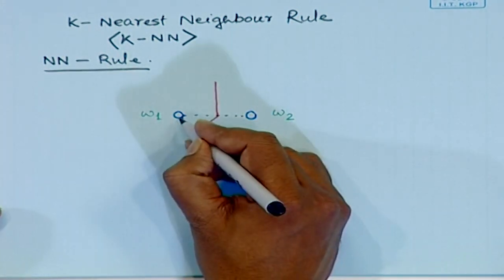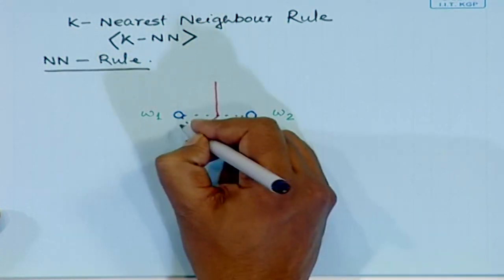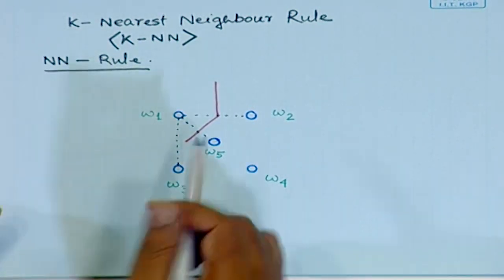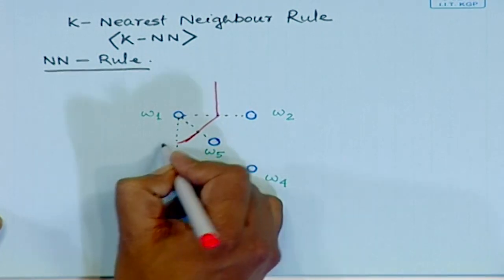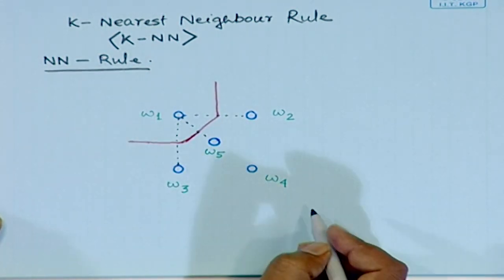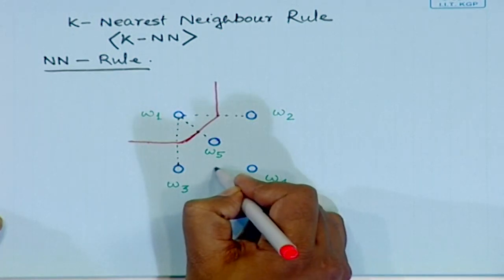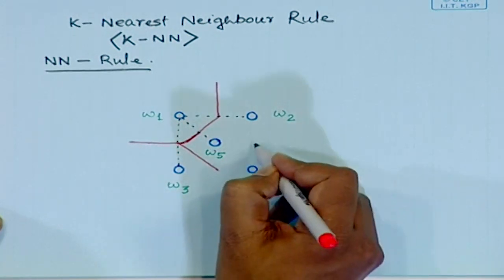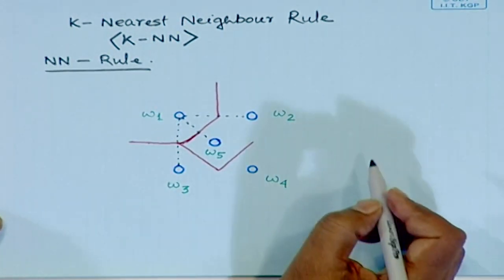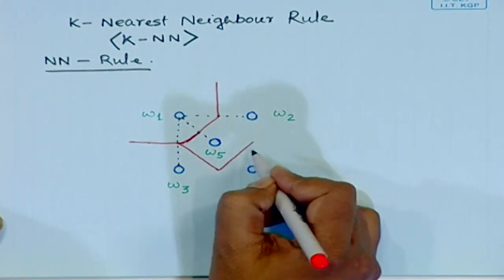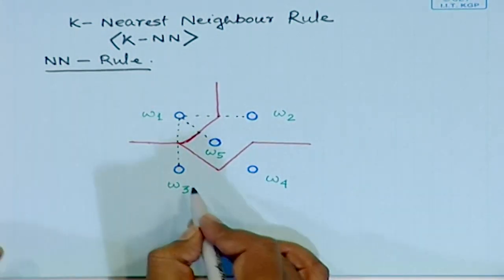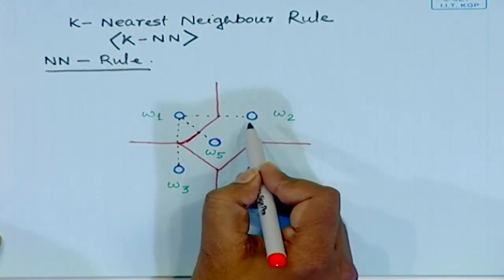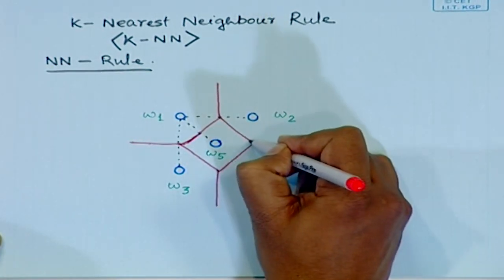Similarly, the decision boundary between classes omega 1 and omega 3 will be the orthogonal bisector of this line. So, it will be something like this, will be this one. In the same manner, the decision boundary between omega 3 and omega 5 will be this, between omega 5 and omega 4 it will be this, between omega 2 and omega 4 the decision boundary will be this, between omega 3 and omega 4 the decision boundary will be this, and between omega 2 and omega 5 the decision boundary will be like this.